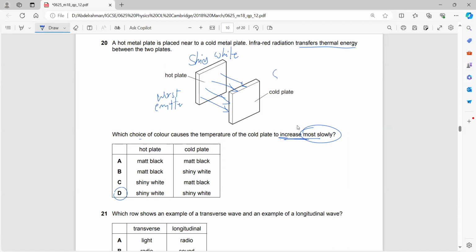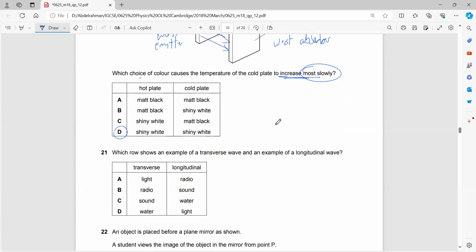If the cold plate is shiny white, it would be the worst absorber. So it would absorb energy, but at a very slow rate. So the shiny white and shiny white would definitely make the cold plate increase the most slowly. Quite easy.